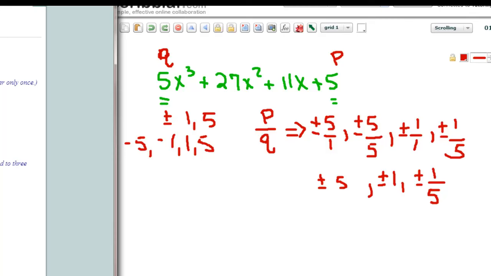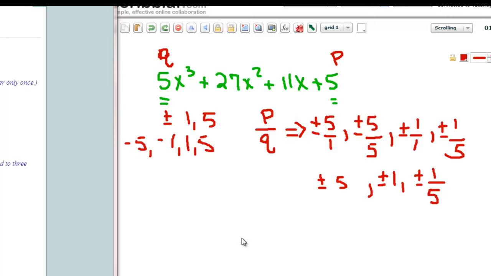The next part says use synthetic division to test several possible rational zeros in order to identify one actual zero. One rational zero for the given function is, and it says simplify your answer. So let's test one of the points here. I'm going to show you one that does not work, and then one that works. There's actually only one that does.